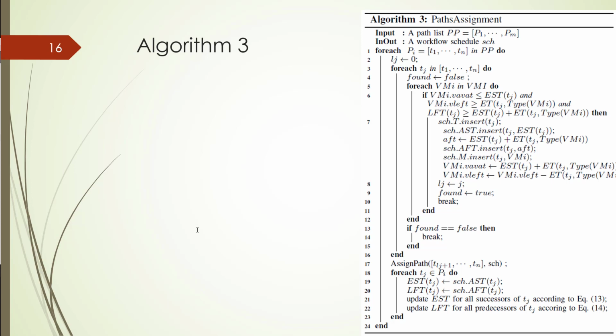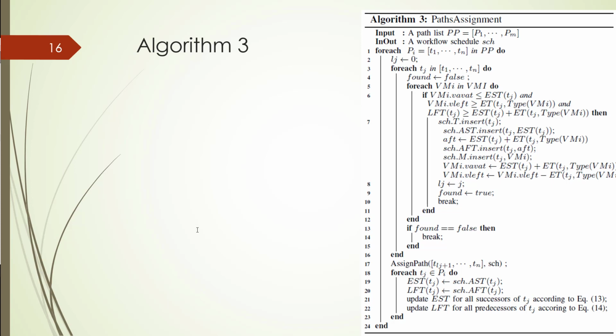And again, the LFT of Tj is more than or equal to the EST of Tj plus the estimation time for finishing it. It means that before this instance goes away from our availability, do we have enough time to finish the task? Then we can schedule this task.